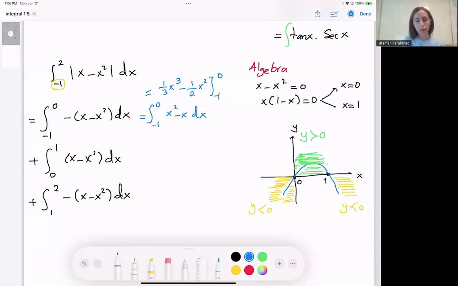If you plug in 0, everything disappears. So the only thing we need is the negative sign. And please note that you have a negative in front of it as well. So you get -1 third minus a half, which gives us -5 divided by 6, or 5/6.